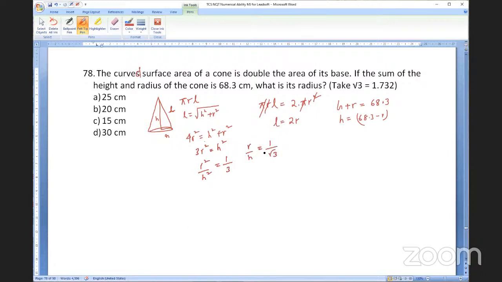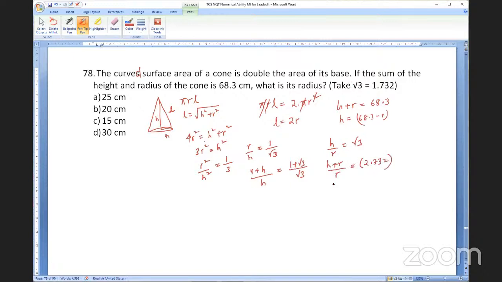Bingo. If I add plus 1, (r plus h) by h is (1 plus root 3) by root 3. Height plus radius is 68.3. But let me do the converse. H by r is root 3. Adding 1 on both sides, (h plus r) by r is root 3 plus 1, that is 2.732.